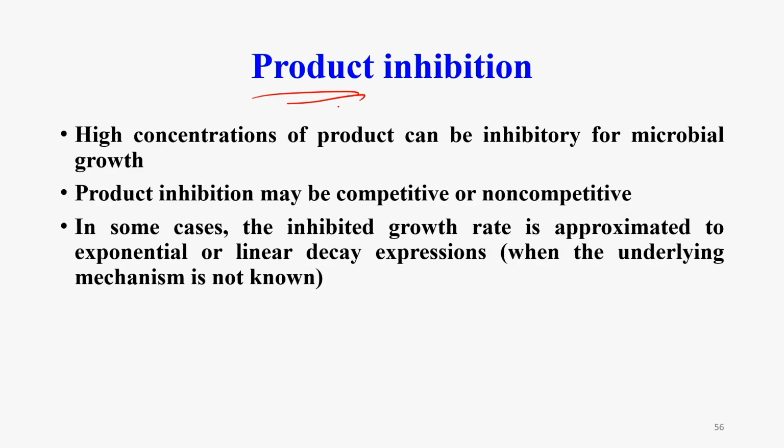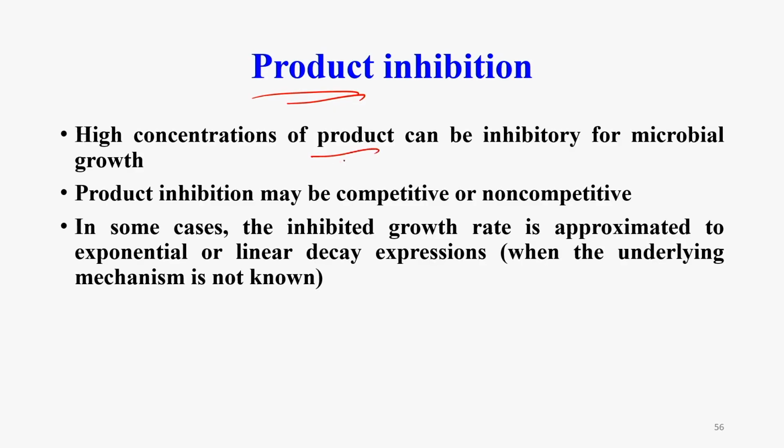Now, similar to the substrate inhibition, there is a case of product inhibition. When you are producing certain metabolites, the cells have a certain tolerance limit. Beyond a certain concentration, your product itself can act as an inhibitor, and similar to the substrate inhibition, the product inhibition may also be competitive or non-competitive.